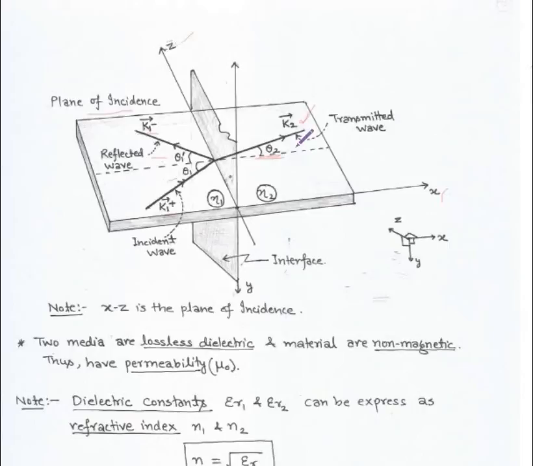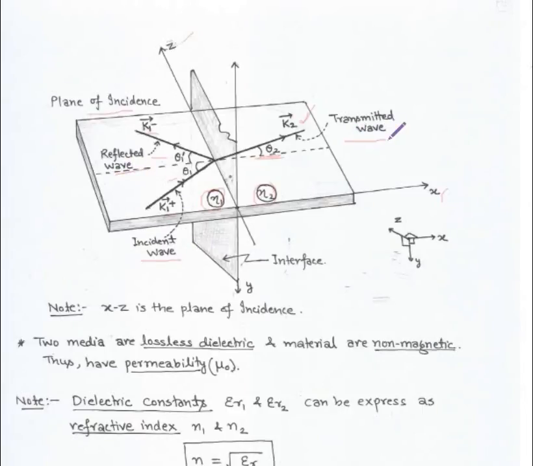The incident wave and reflected wave are in medium 1, which has intrinsic impedance eta 1, and the transmitted wave is in medium 2 having intrinsic impedance eta 2. So in medium 1 there are an incident wave and a reflected wave, whereas in medium 2 there is a transmitted wave.